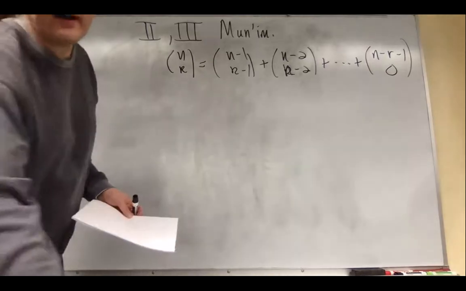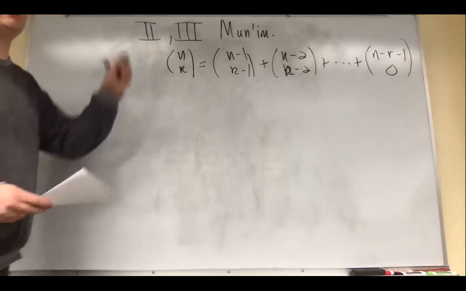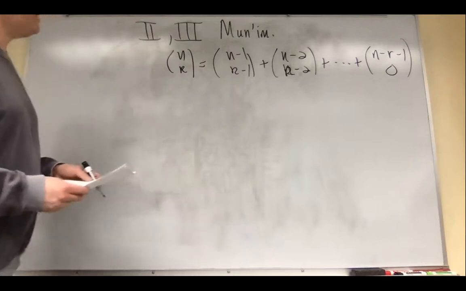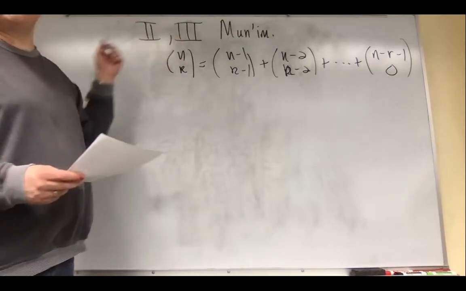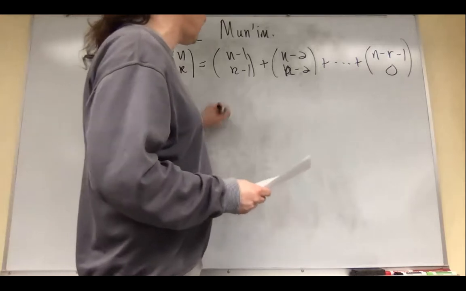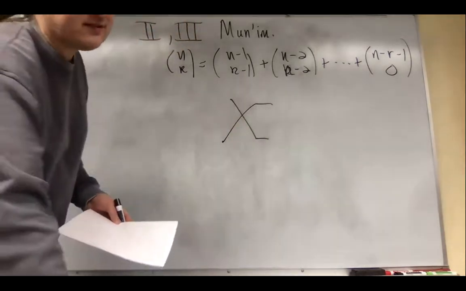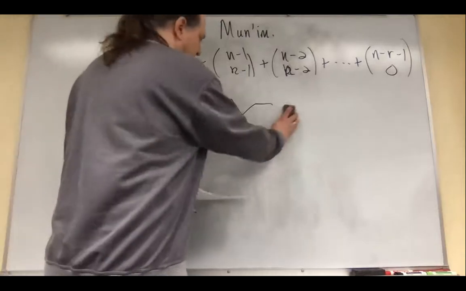So that's just that pattern that we saw in Munim where you go up and then take a turn. And you might ask, why are these two different ones? Because you can either do this way or that way, and Pascal noted them as two different things.